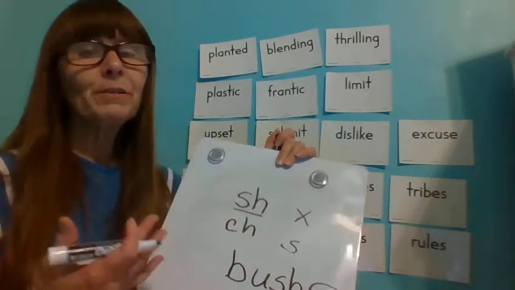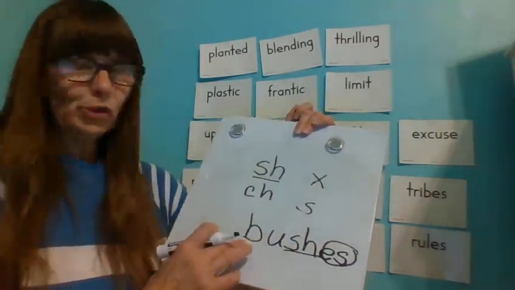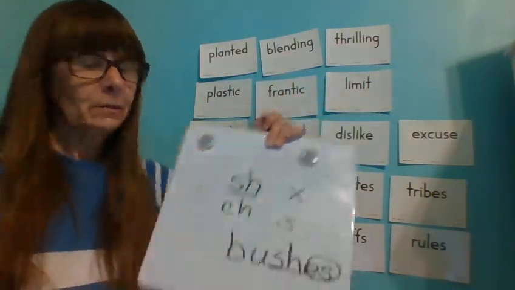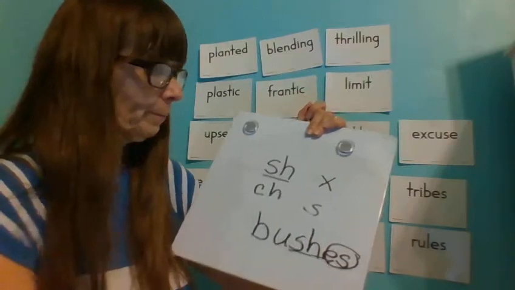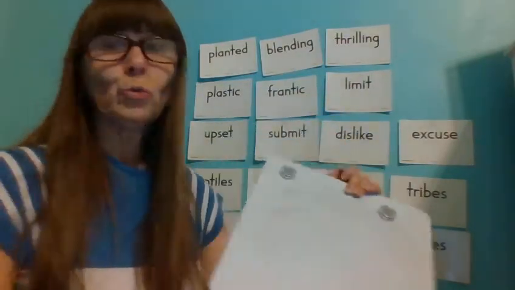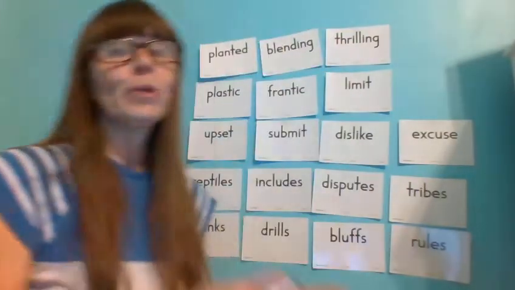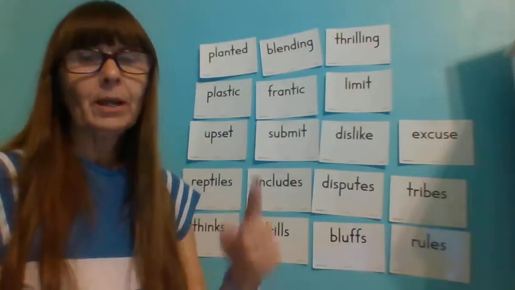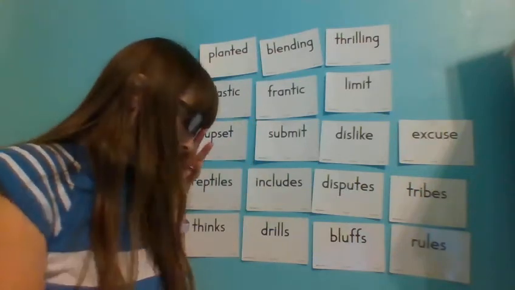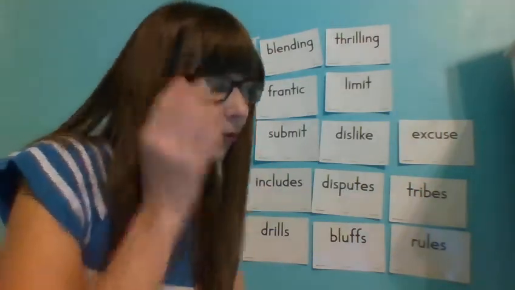It's more of a trick word, like bush and push, because the U doesn't sound like an uh as it would in a closed syllable word. So anyway, that's how we add es to words that end with a sibilant sound, x, s, ch, or sh. So I have some words for us to add to our list.